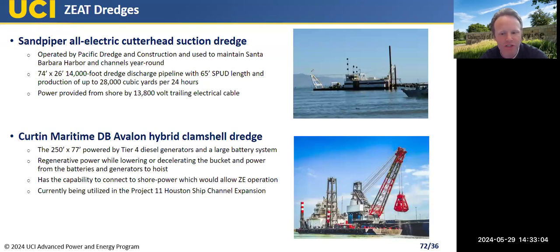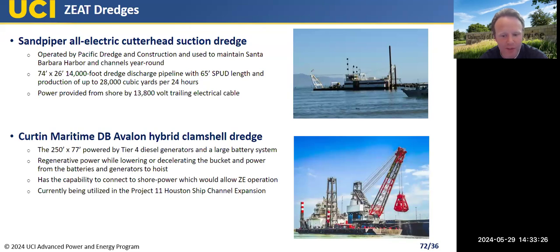The other dredge I'll mention is a much larger example built by Curtin Maritime, the DB Avalon, which is a hybrid clamshell dredge. It's 250 feet, so it's much larger. It has Tier 4 diesel gensets and a large battery system. The battery system lets it do regen while it's decelerating the bucket, which is an efficiency benefit.